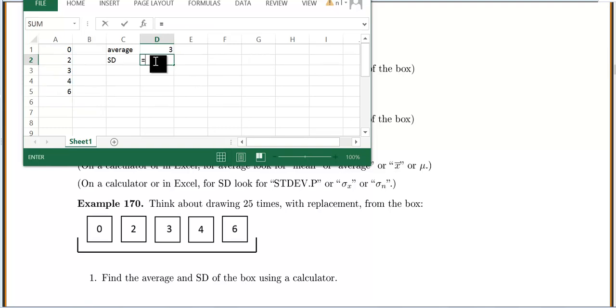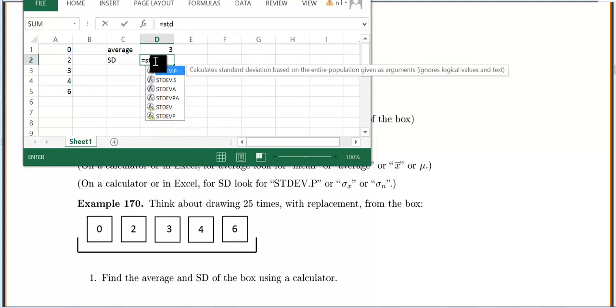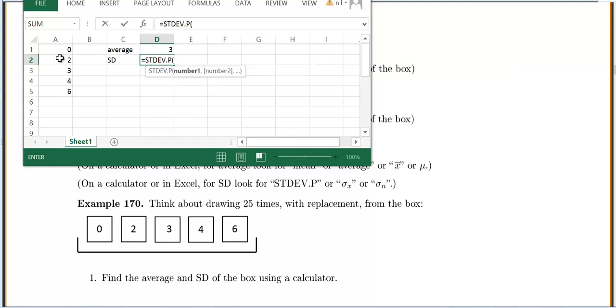Now for the standard deviation, I'm going to do equals standard deviation. Notice that there's 2 standard deviations, a P and an S. And you'll notice that on the notes I said use the one with the P. Select your numbers. And so the standard deviation is 2.